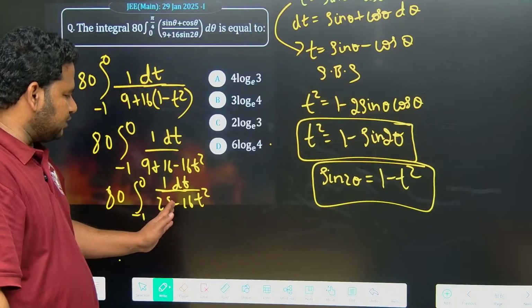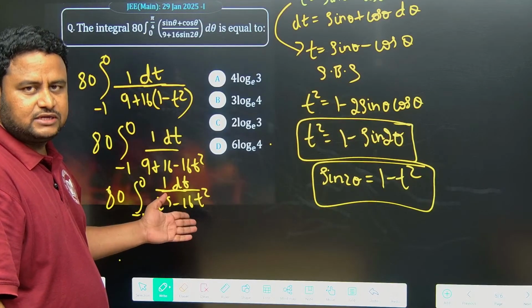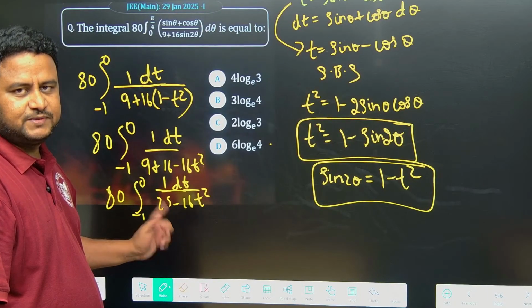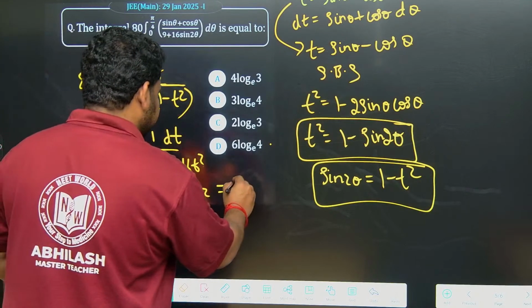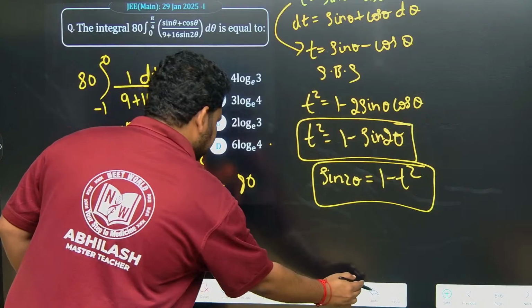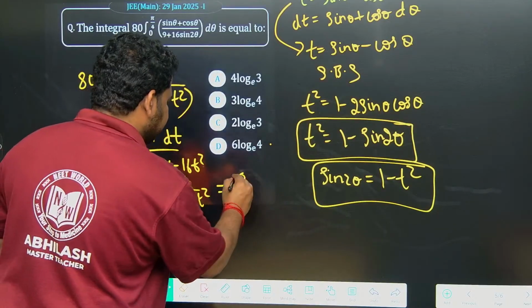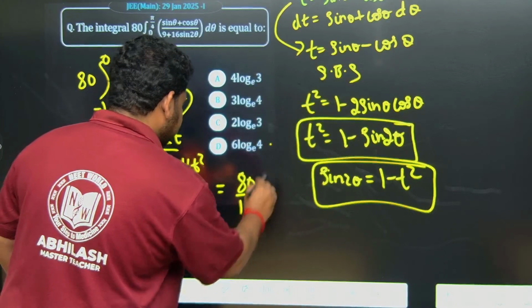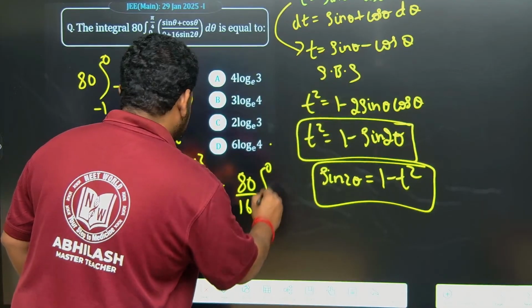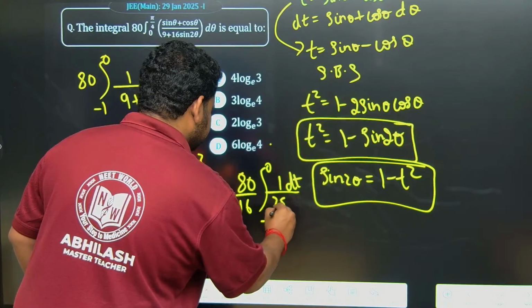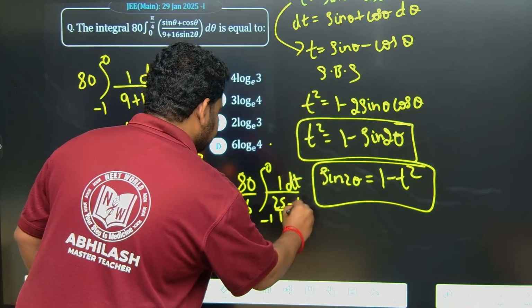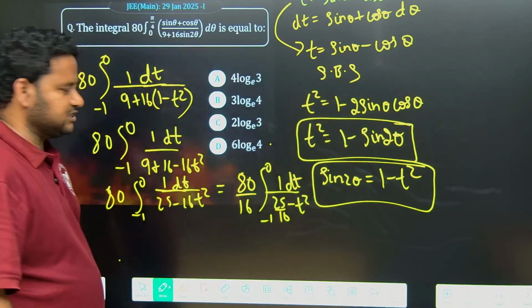Now I know that I have to make the coefficient of t^2 equal to 1, so I'll take 16 outside. If I take 16 outside, this will become 80 by 16 into the integral from minus 1 to 0 of 1 by 1, dt by 25 by 16 minus t^2.